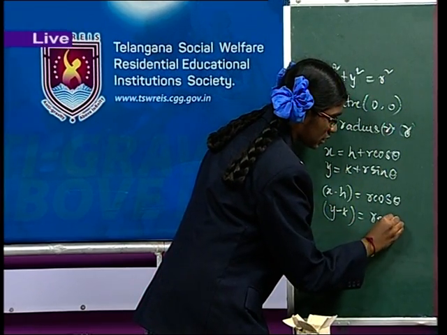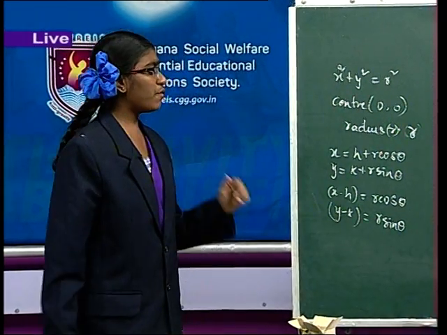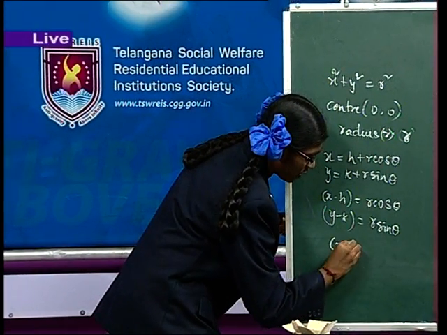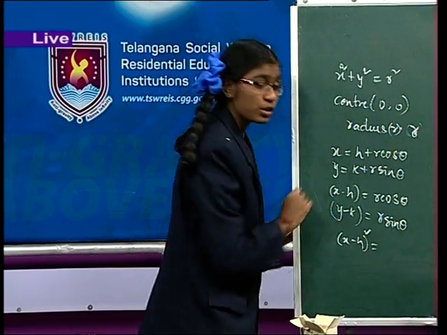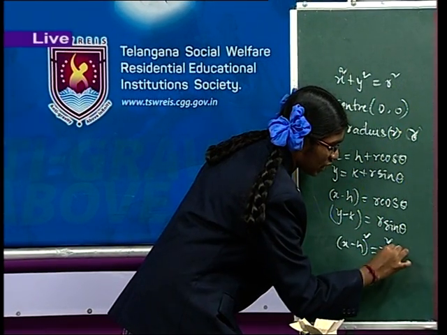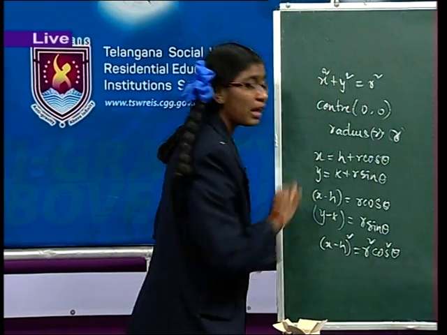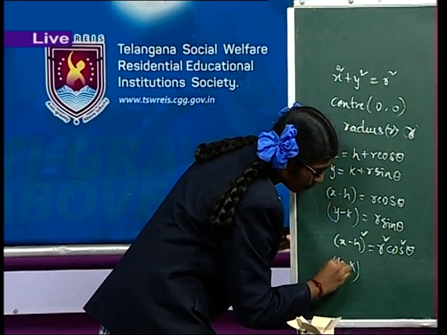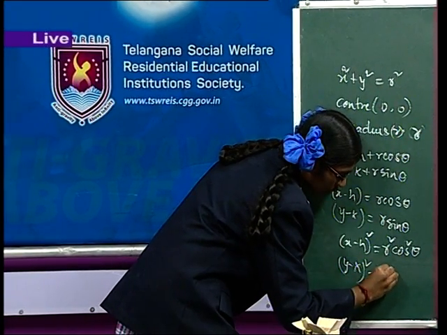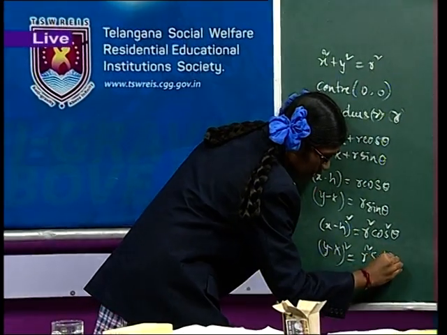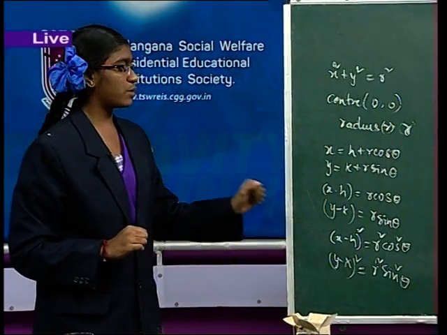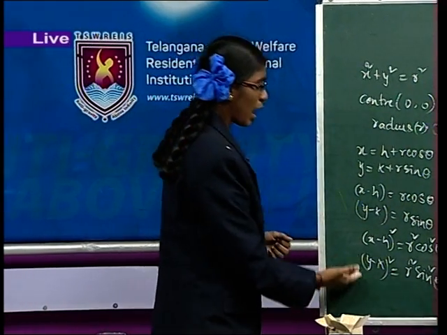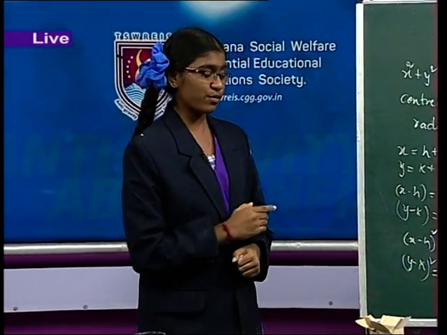If we square both sides of both equations, we get x minus h whole square is equal to r square cos square theta. Similarly, y minus k whole square is equal to r square sin square theta.